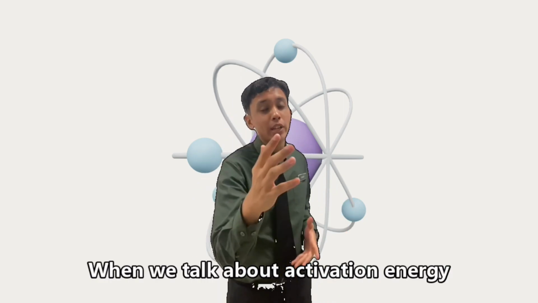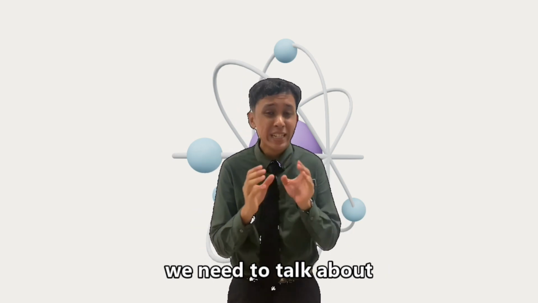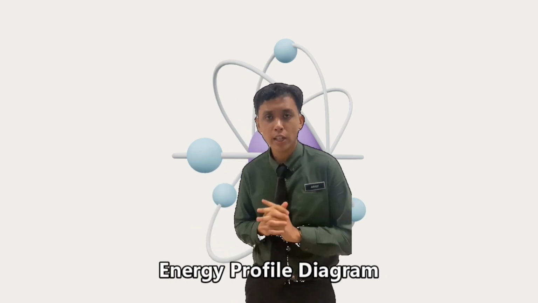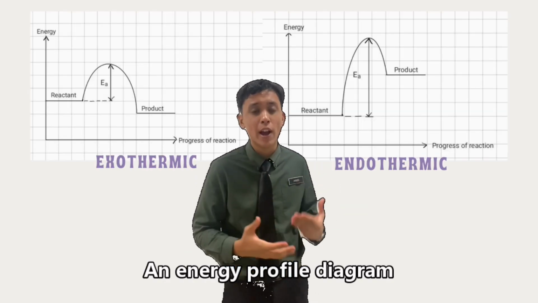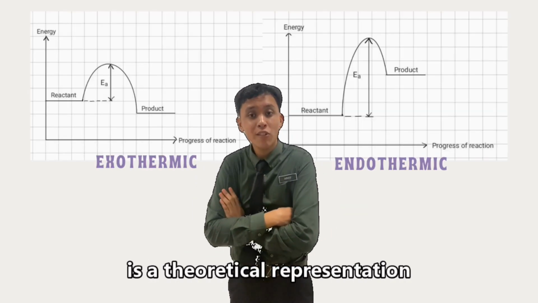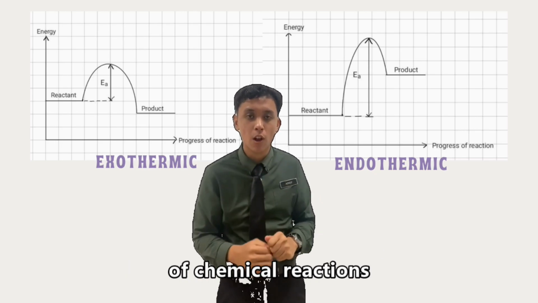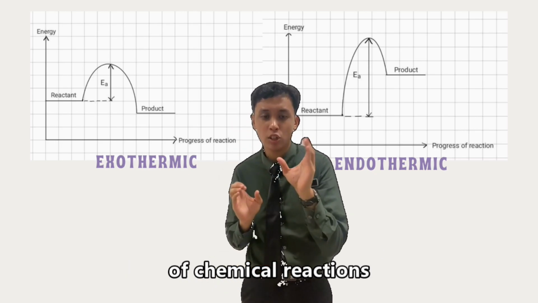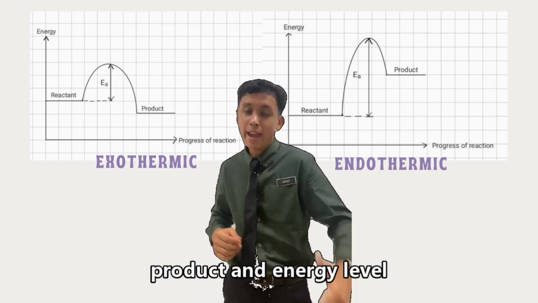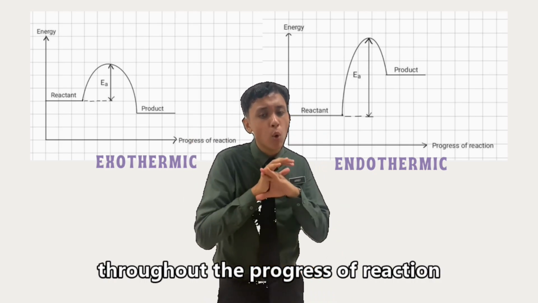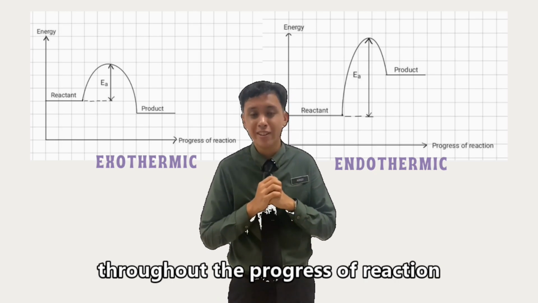When we talk about activation energy, we need to talk about energy profile diagram. An energy profile diagram is a theoretical representation of chemical reaction which consists of reactant, product, and energy level throughout the progress of reaction.